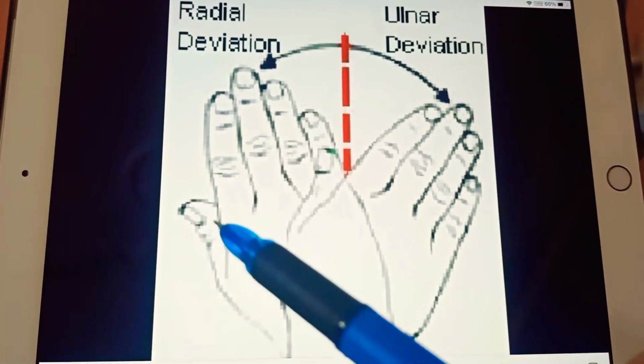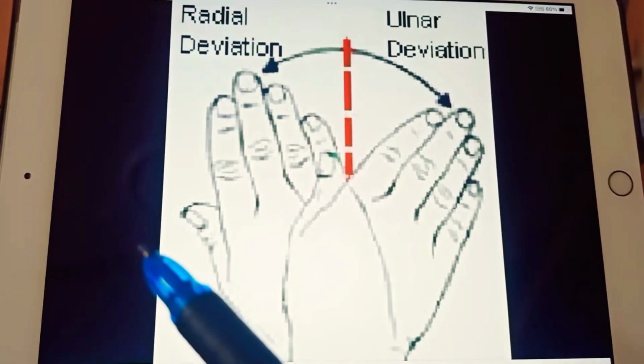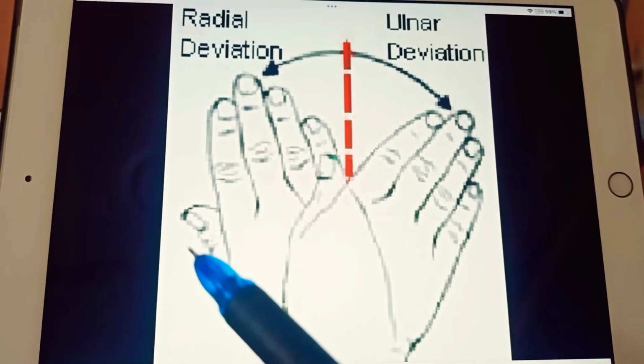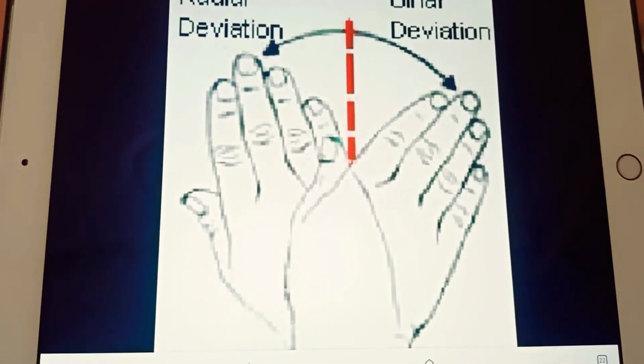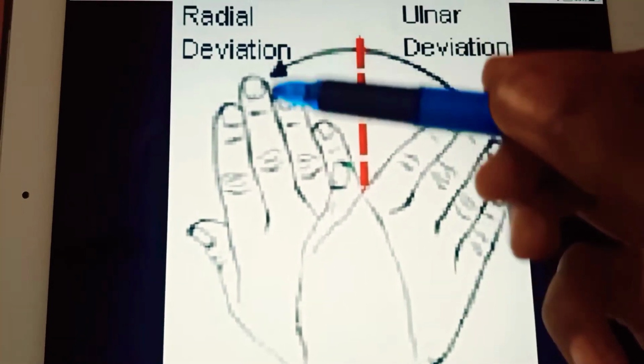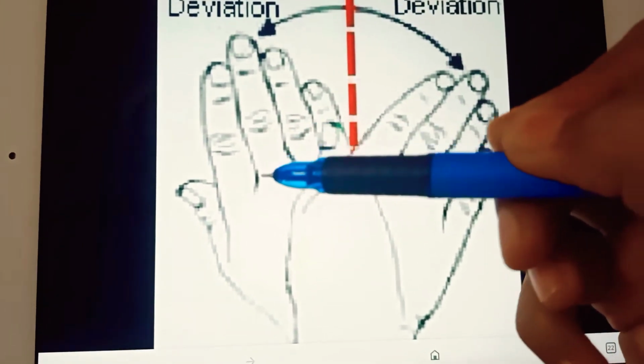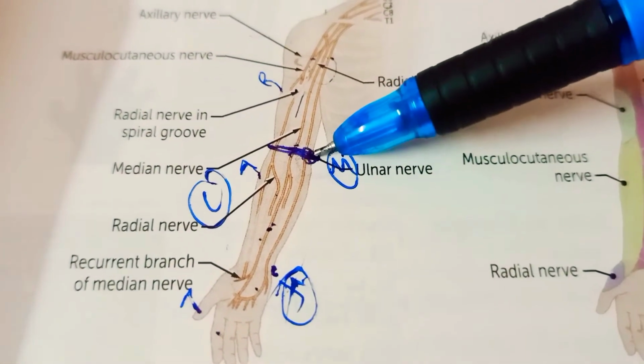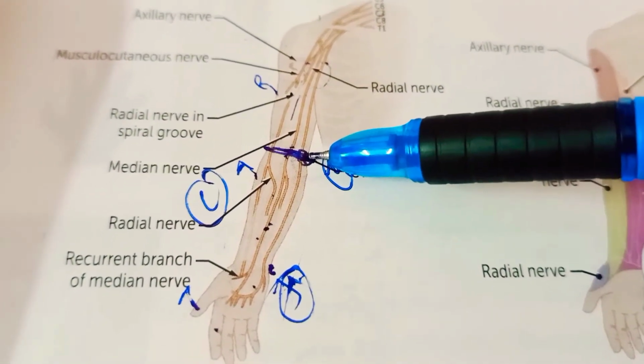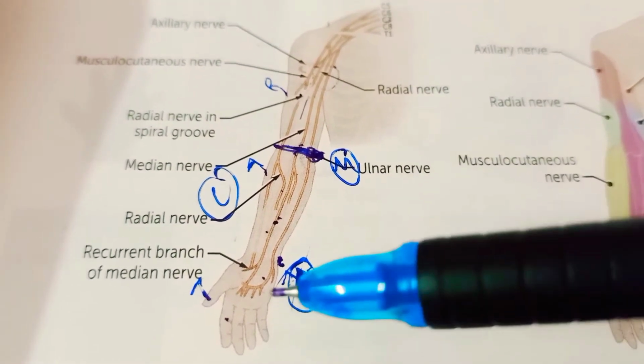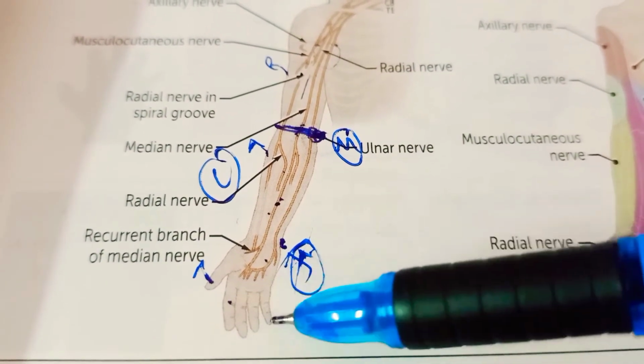That is nothing but your hand will be moving towards your thumb side whenever you want to flex your wrist. Okay. And this radial deviation which I am discussing now is mainly because of the proximal lesion. Proximal lesion of the ulnar nerve, if you remember, I discussed at the medial epicondyle of humerus. Okay, and there will also be decrease of flexion of the ulnar fingers.